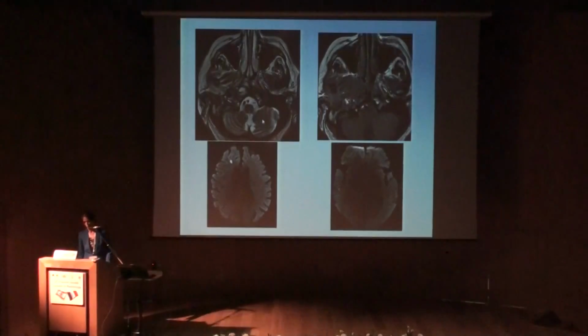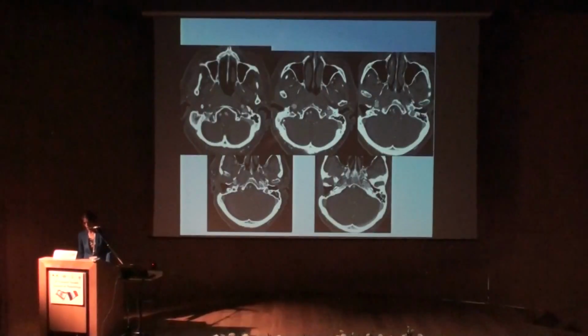Okay, you need to know where to point. You can see the abnormal signal in the right internal carotid artery, and on the CT angiogram, you can see the dissecting aneurysm in the internal carotid artery from the inflammation of the skull base.